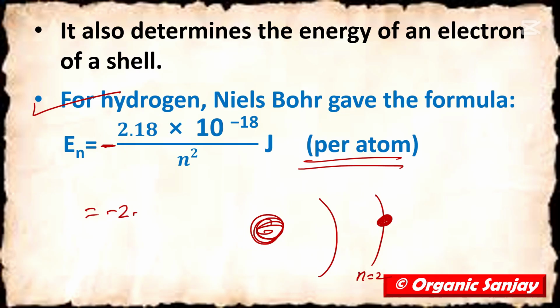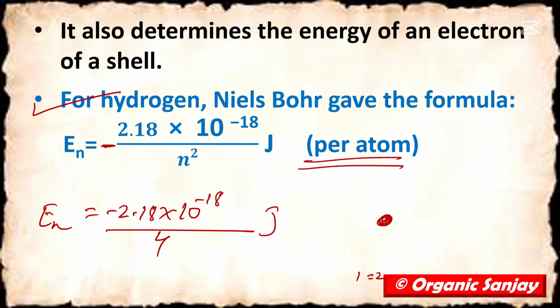The answer will be minus 2.18 into 10 to the power minus 18 by 2 square, that is 4, joule per atom. This is the answer for the second shell. In this way, we can find the energy of a particular electron by using the principal quantum number.